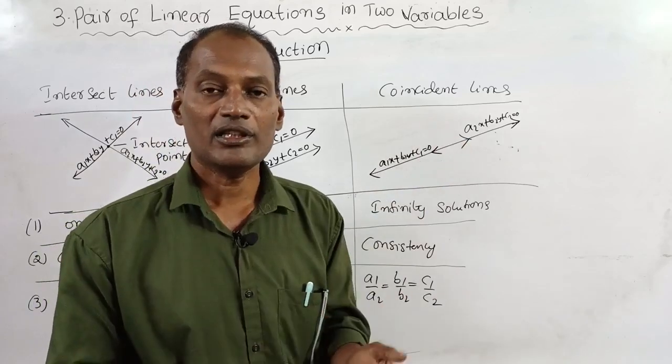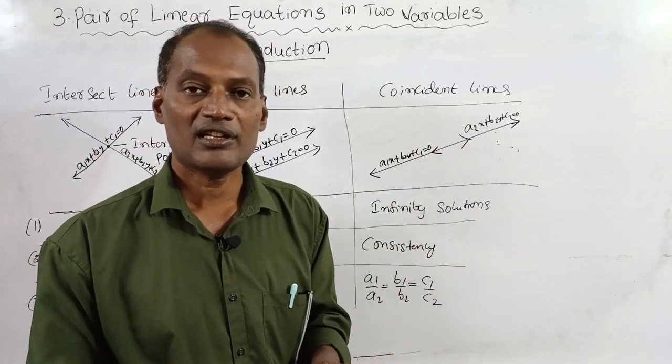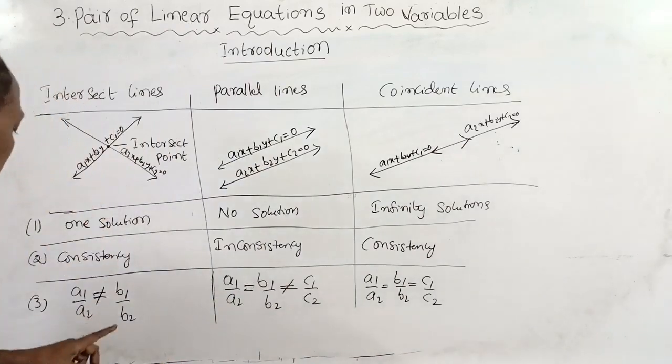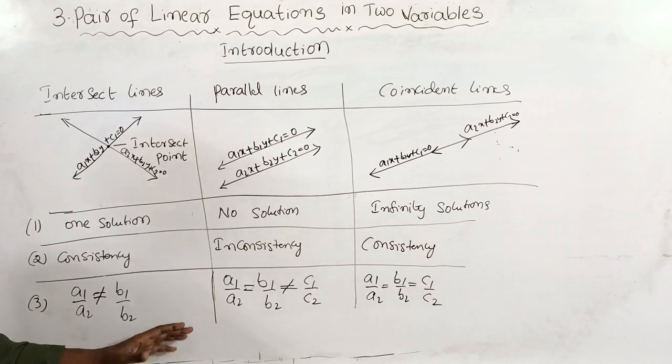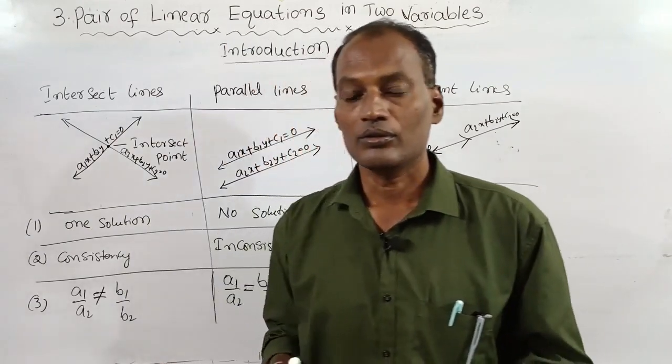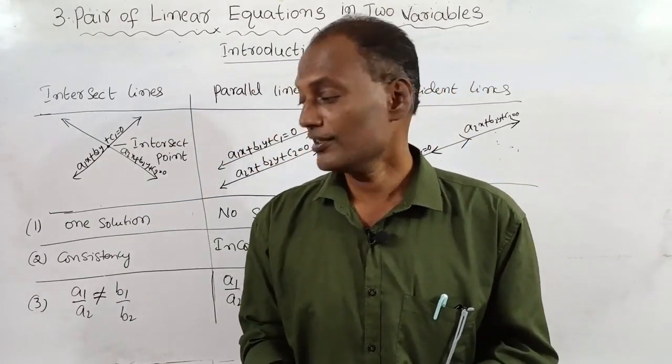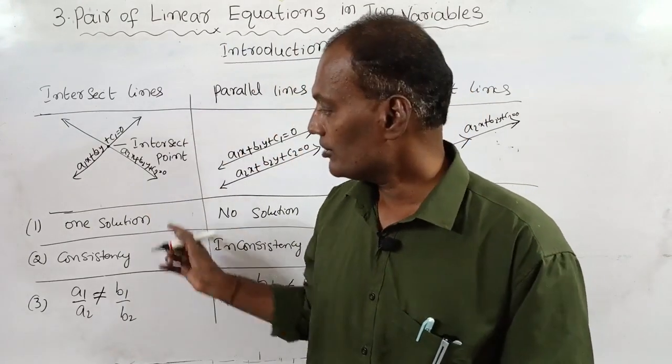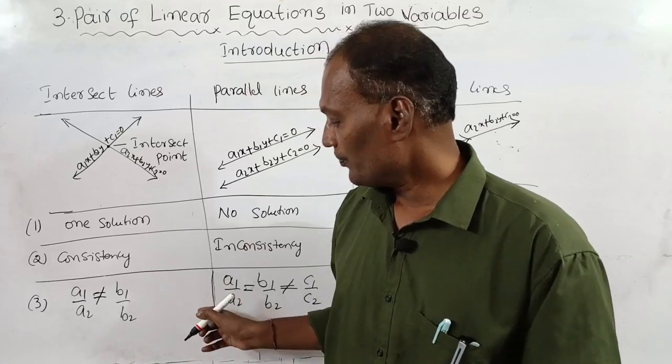If the A1 by A2 and B1 by B2 values are not the same, then we can call these intersect lines. These are the basics. You should remember. These are the most important to go to the further exercises to solve the questions. These three things you should remember.